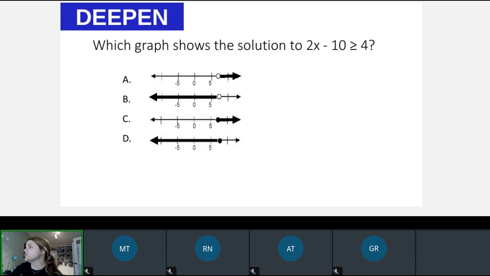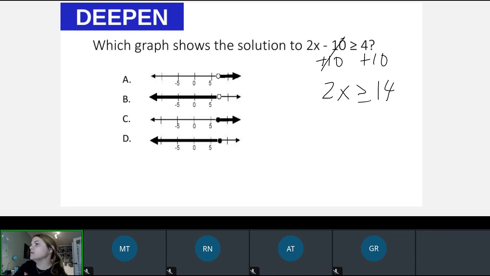So let's go ahead and solve this problem. The first thing I'm going to do is add 10 to both sides. So I'd get 2x is greater than or equal to 14. And I'm going to stop here and let y'all go ahead and finish it and then choose the correct graph, A, B, C, or D.